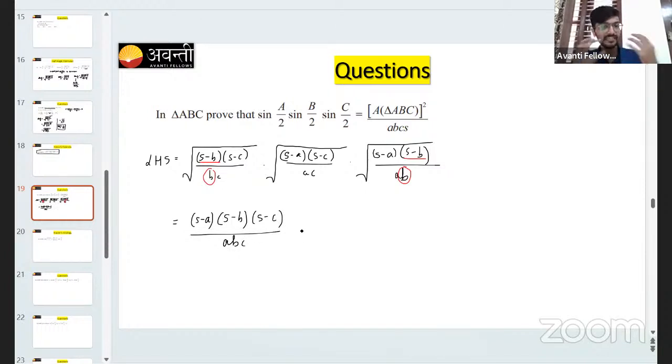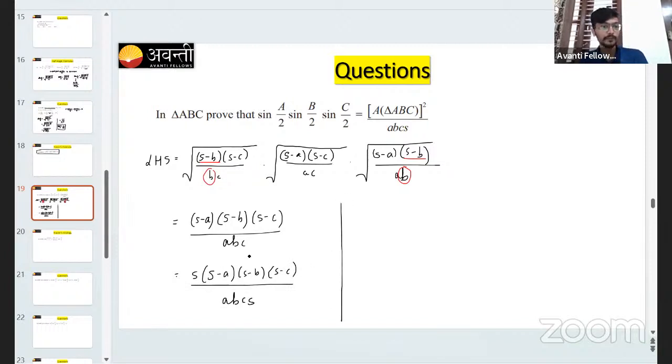If we are stuck after this, what I told you in trigonometry, look at the other side. Other side is the biggest hint. Other side में denominator में देखो मुझे क्या चाहिए? s. मेरे पास denominator में s है क्या? नहीं. So I'll multiply and divide with s. So I'll get s into s minus a into s minus b into s minus c upon a b c s.